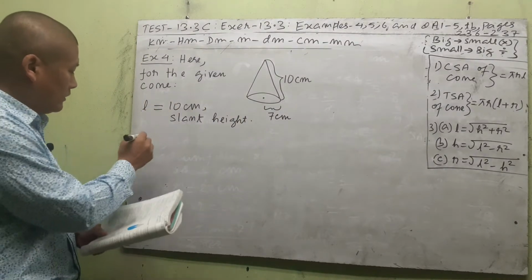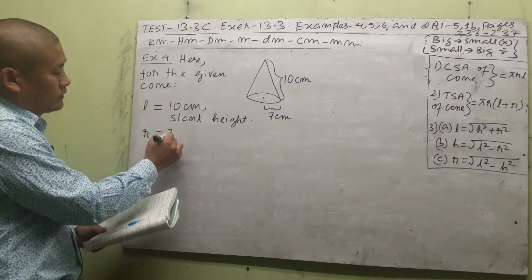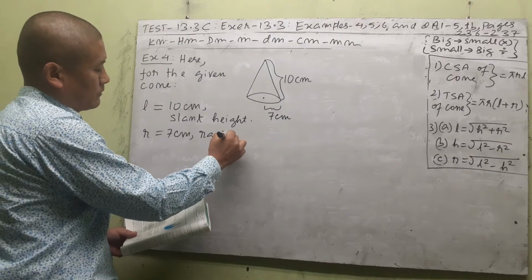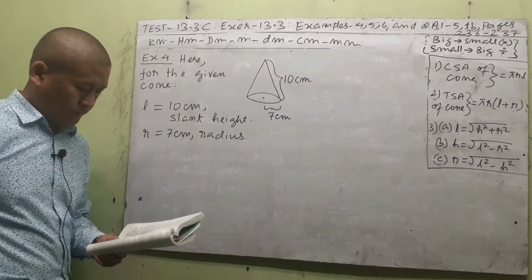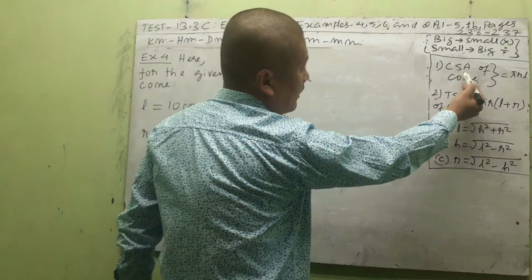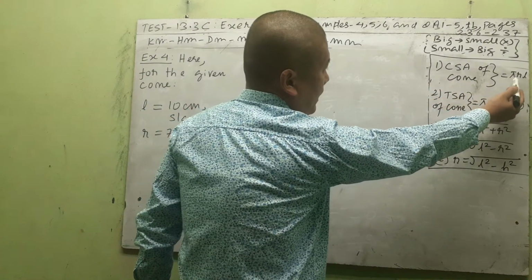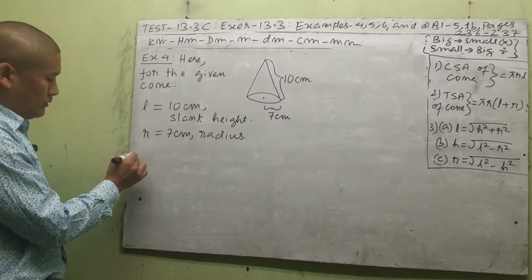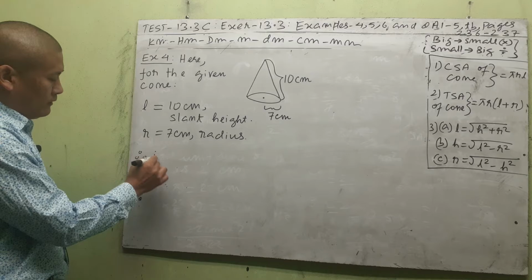Then next here R is equal to 7 centimeter is the radius. We have to find the curved surface area. So this is simple because the formula for the curved surface area of the cone is pi RL, right? So R is there, L is there, so we can directly find this.